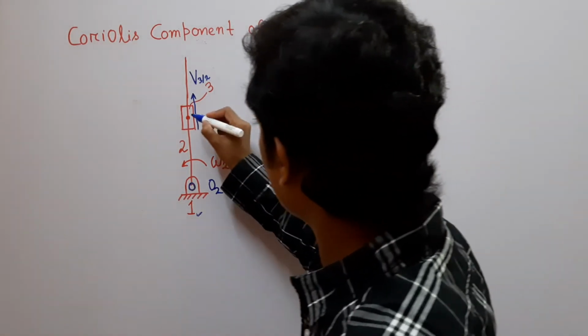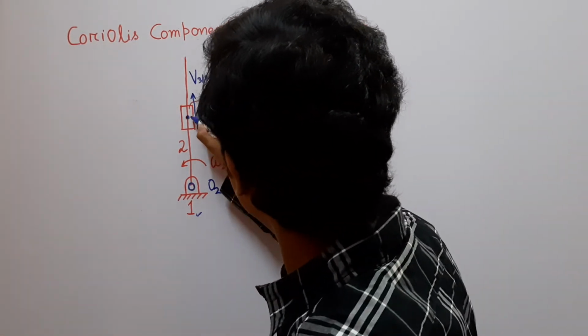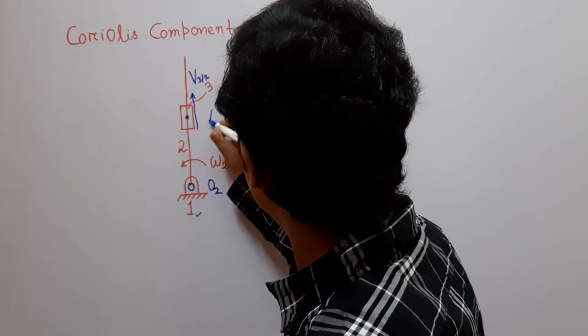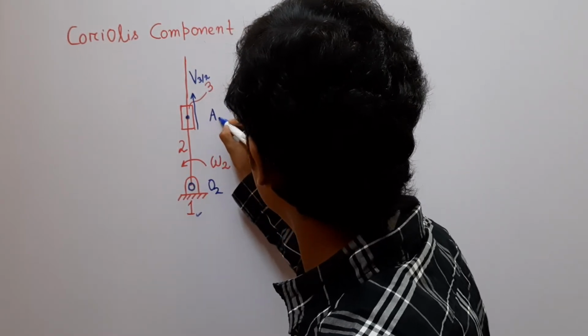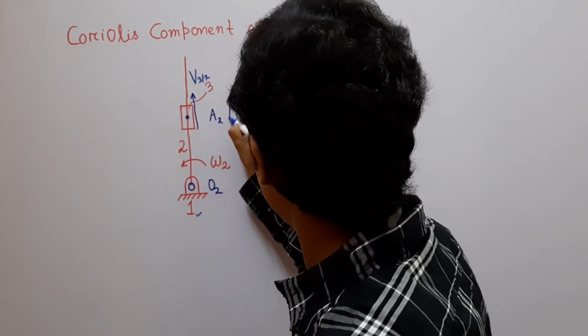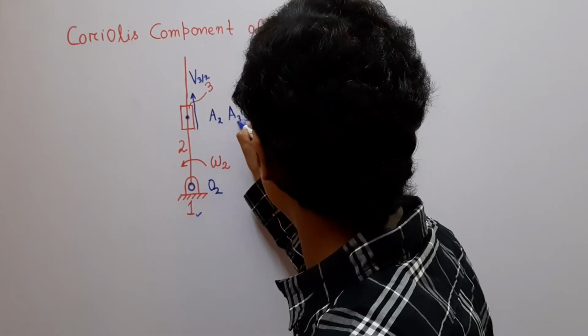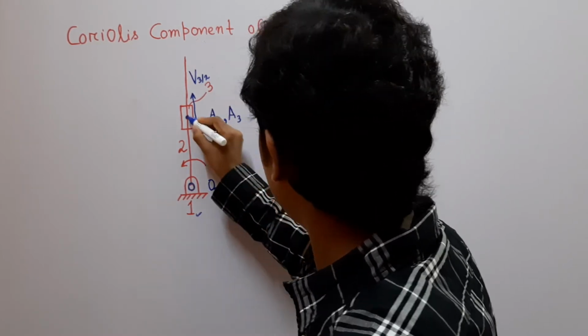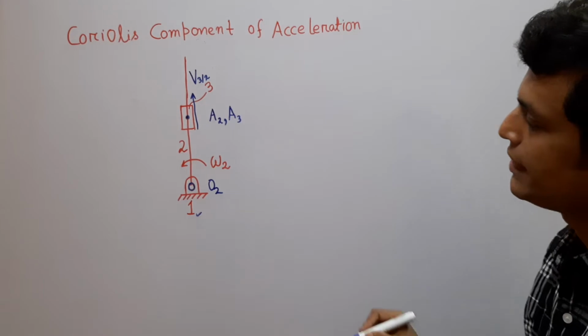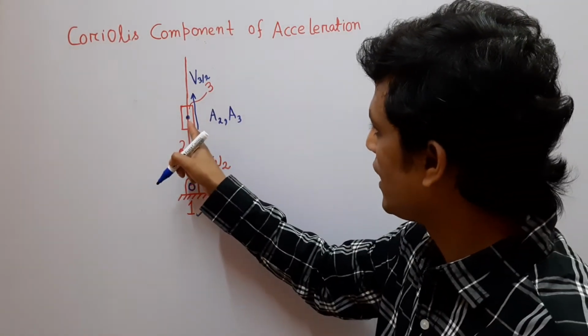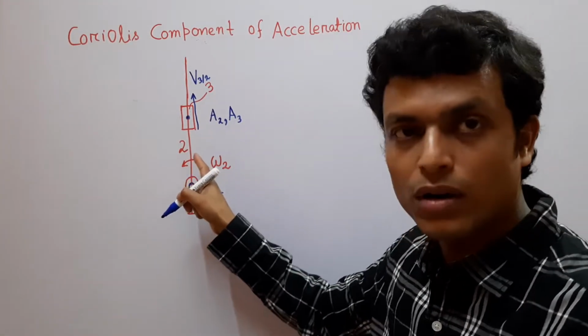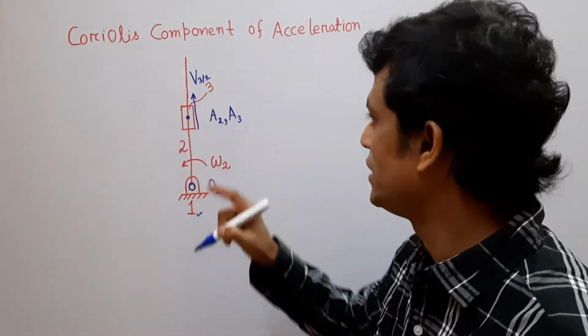And let us consider the center point of the slider at this instant. This is an instantaneously coincident point. Say this point is A, the center point, which lies both on link 2 and link 3.